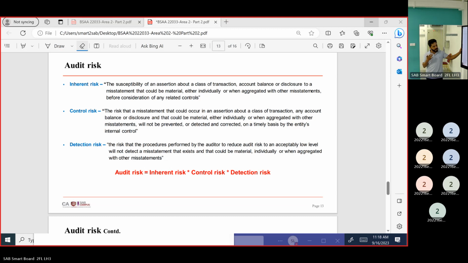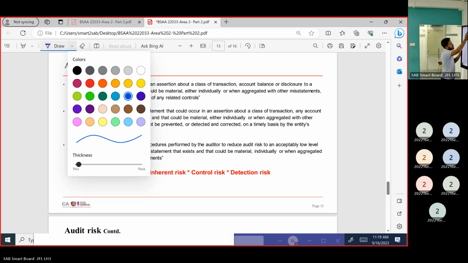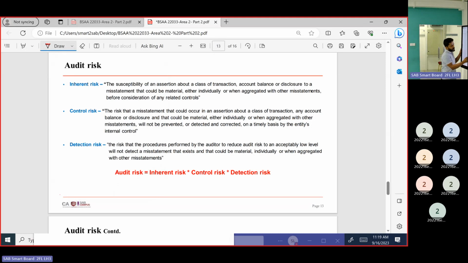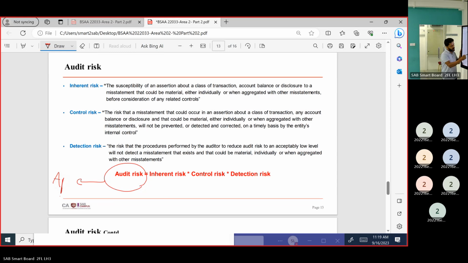To do that, we have to plan properly and accordingly perform audit procedures. Based on the audit risk, we are designing the scope of the audit procedures and planning the audit steps, right?